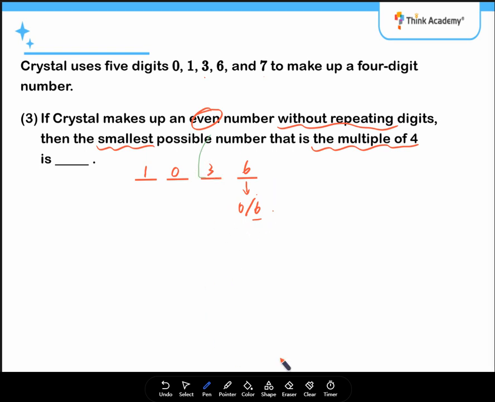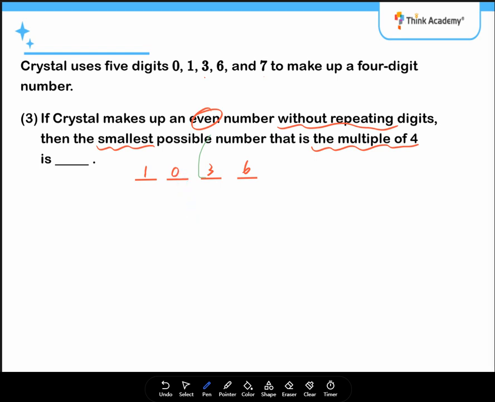So that's how we can test. So it's fine for us to use 0 in the hundreds. But if after our test, for example, we don't have 3, we have some other numbers, and that number with 6 at the end cannot be a multiple of 4, then that means we cannot use 0 at that point.